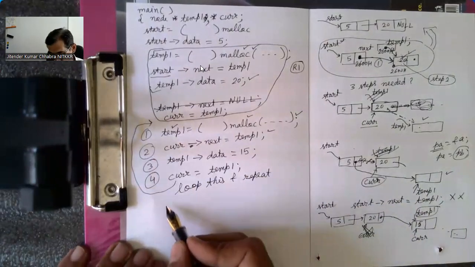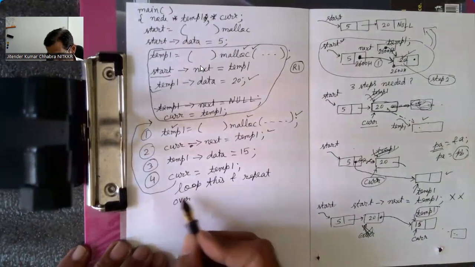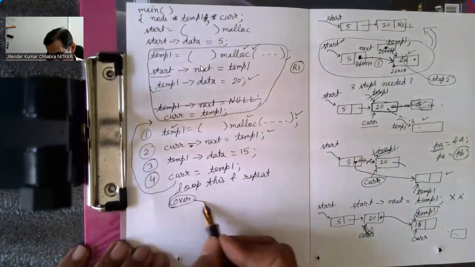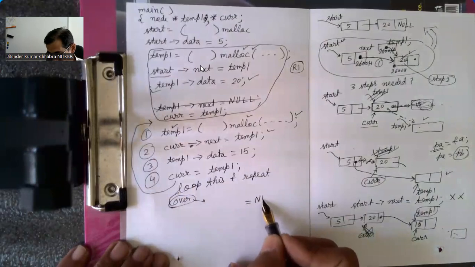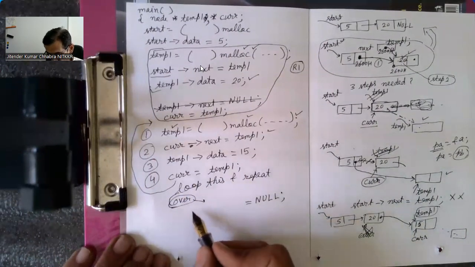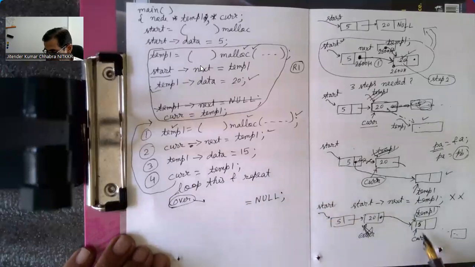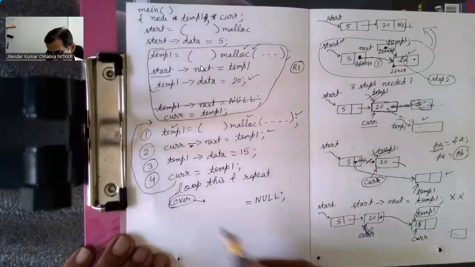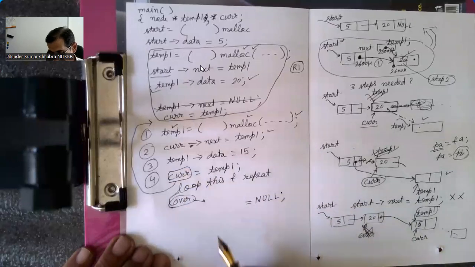Once the loop is over, at that point, the list must be ended with a null pointer. From the above logic, whatever will be the last node where I stop will be pointed to by current.